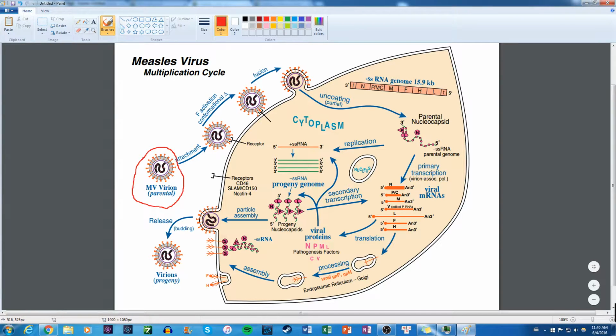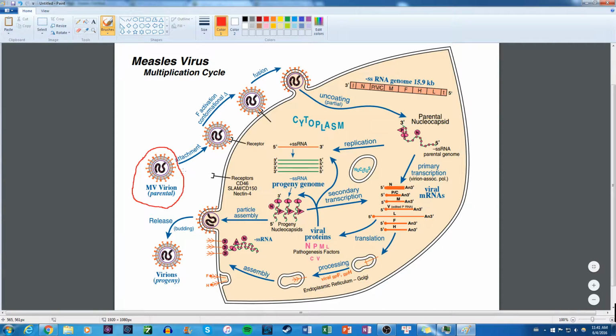So the hemagglutinin neuraminidase antigens function in attachment, basically attachment to a cell.